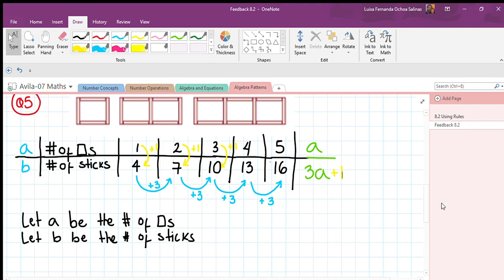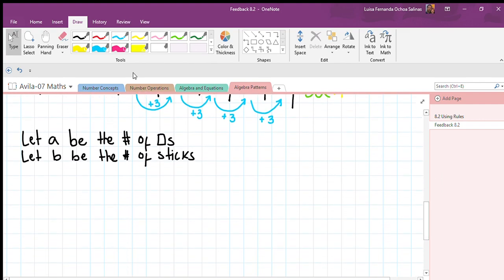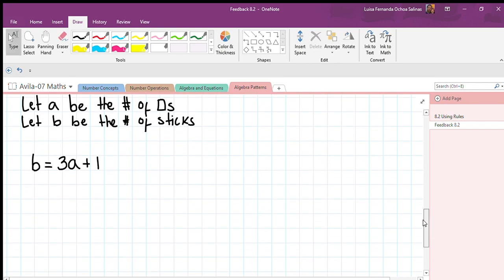So following our steps down here, we write our equation. So my equation is going to be B equals 3A plus 1. Okay, and now we're going to solve the equation for the question that is asking: use your rule to work out the number of matchsticks required to construct a figure with 20 squares.